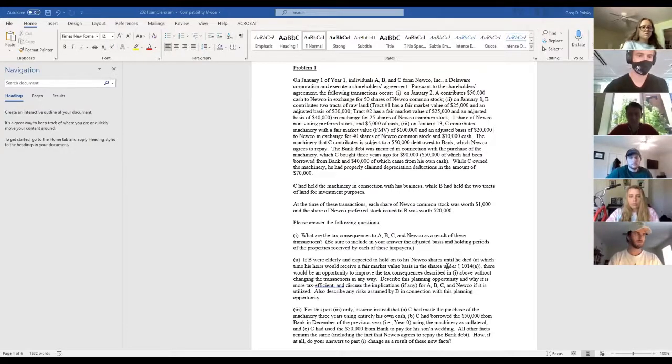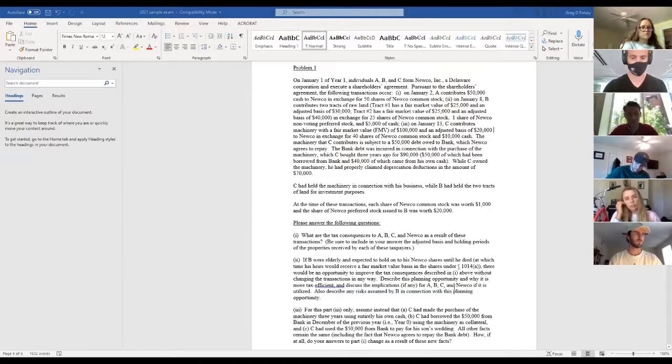Is there a way to improve? This is, I thought, pretty clearly getting at the election under 362(e)(2)(C), where the corporation and C can agree that instead of reducing the basis of the land, remember we crammed down the basis of the land, we can do it by reducing the basis of C's stock.